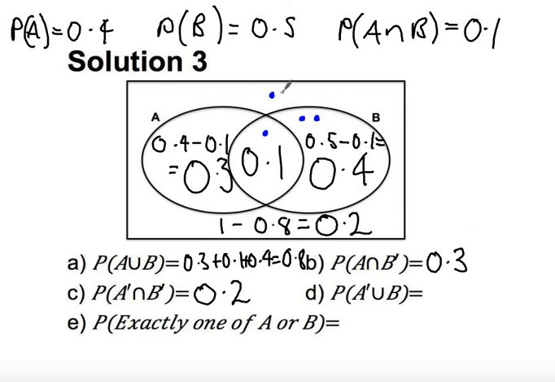So I've got this outside region 0.2 plus the intersect region, which is 0.1. So that's the 2 on their own. And where it's both true, we've got this partial part of B, which is plus 0.4. And so we get a probability of 0.7.